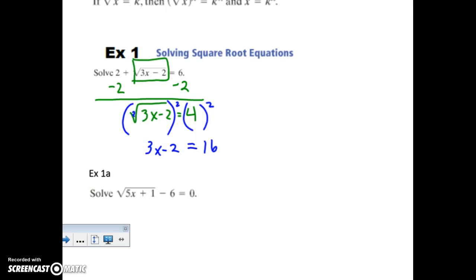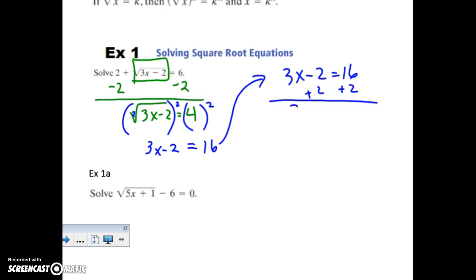And we'll solve that by adding 2 to both sides. And so you get 3x equals 18, and if you divide by 3, x equals 6. So my answer is 6, and you put in those 2 little solution set braces there.